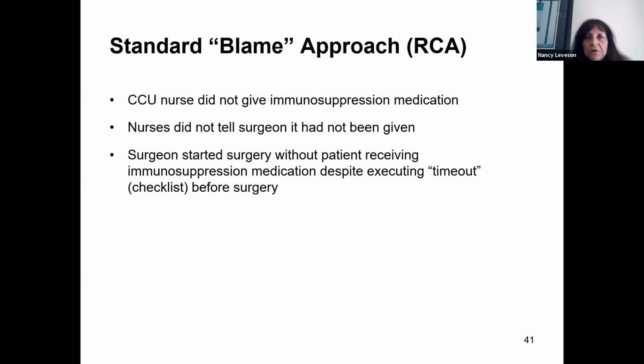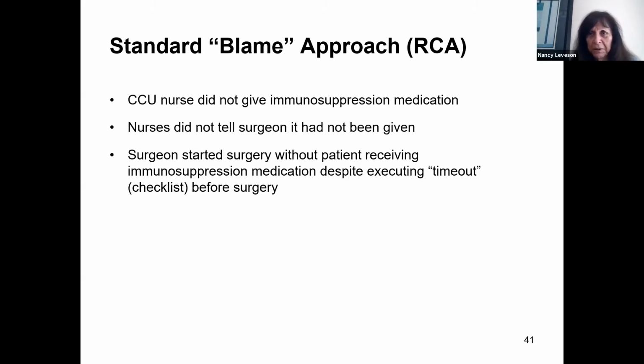The CCU nurse didn't give the immunosuppressive medication, didn't tell the surgeon that it had not been given, and the surgeon started surgery without the patient receiving immunosuppression medication, despite executing a checklist before surgery. I'll mention more about this. But basically, it's the nurse's and the surgeon's fault. Okay, that's what the root cause analysis would say.